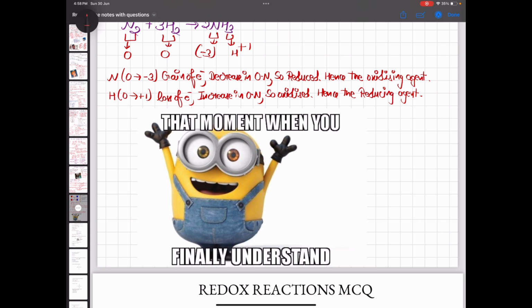In the theory paper, there is hardly one question you might find for redox. It's not that important according to the curriculum, but if you want to understand all the topics, charges, oxidation states, then it's a must topic.